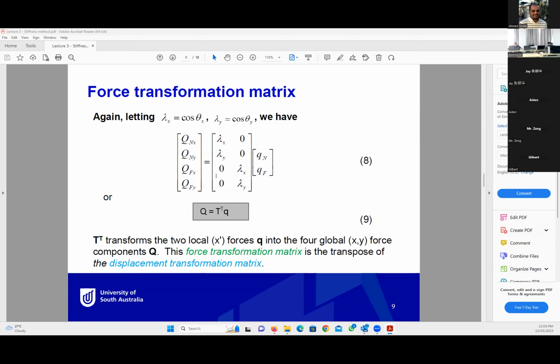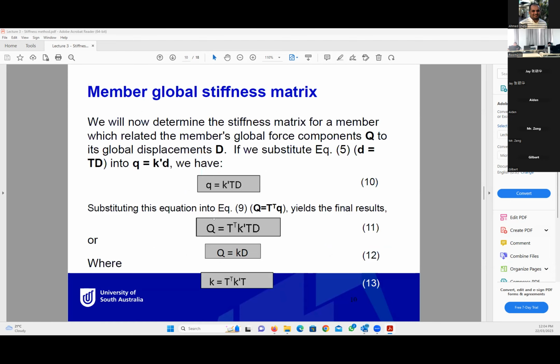So we find that Q capital, the force in global system, is equal to T transpose times Q small, where Q small is the local forces or the forces in local system. T transpose is the transpose of the displacement transformation matrix, or we can call it the force transformation matrix. So in brief, remember global stiffness matrix.